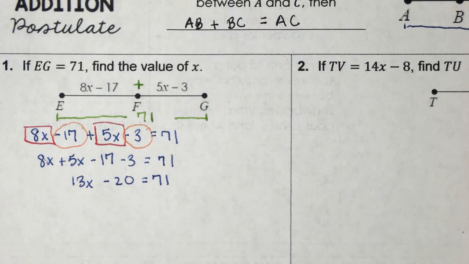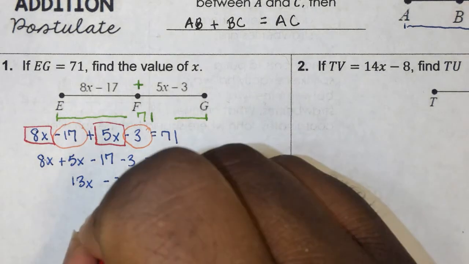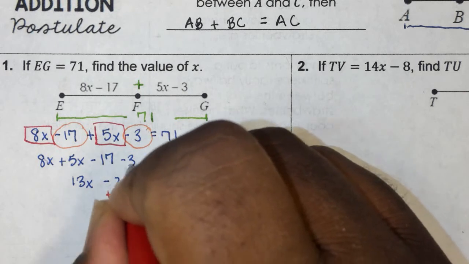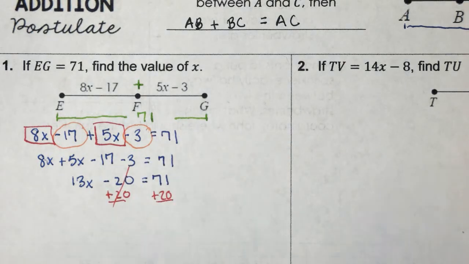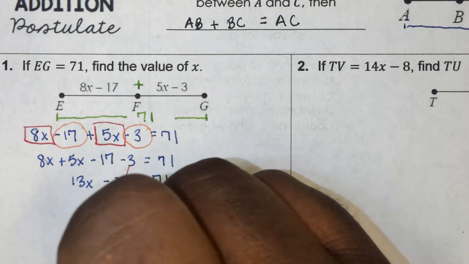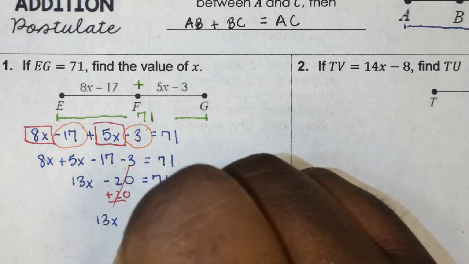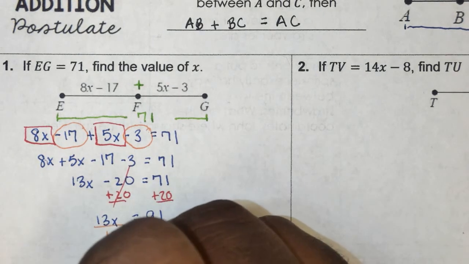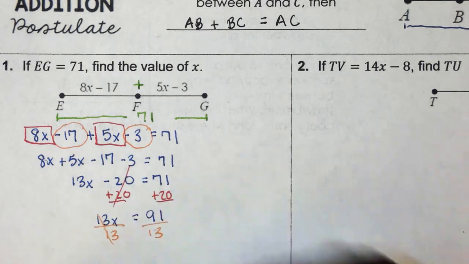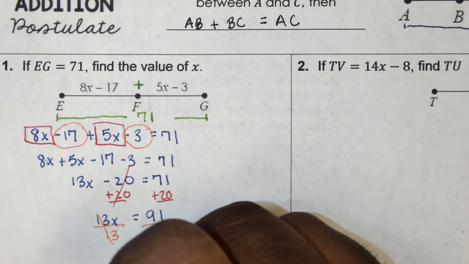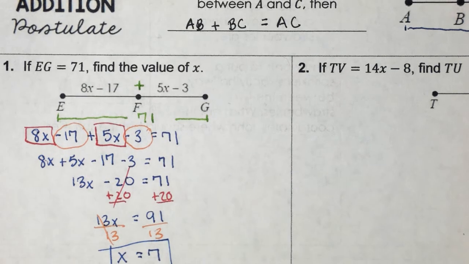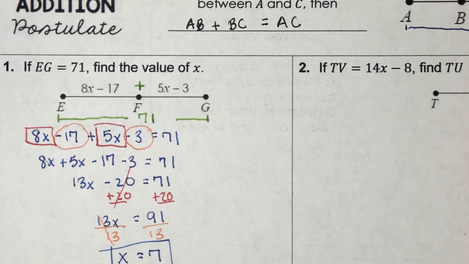And then we solve. Add 20, add 20, cancels. Right now 13x equals 91. Divide by 13, divide by 13. X equals 7. So I found the value of X. It told me it's 7.